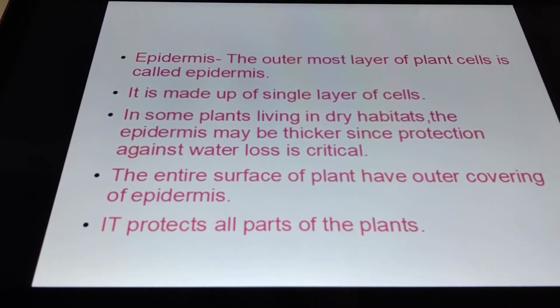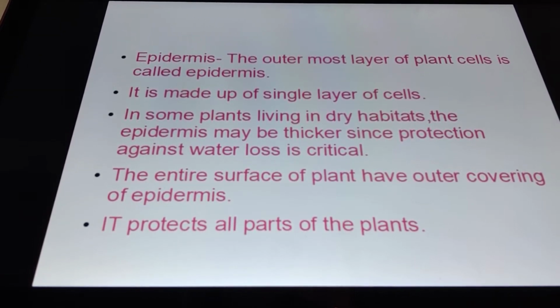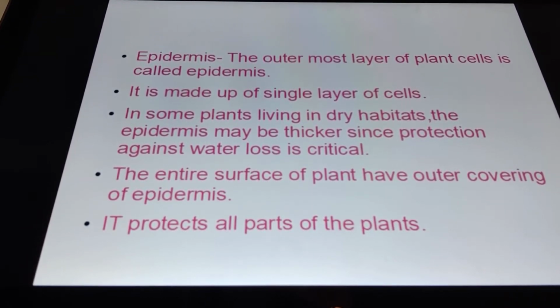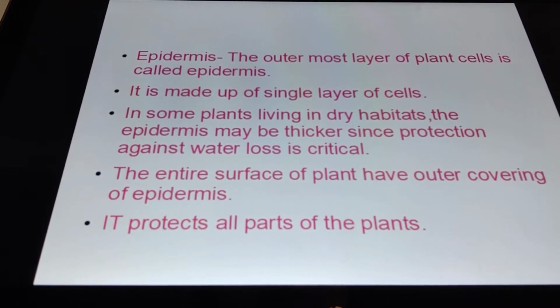Like in animals, for example the human body, the outer covering is skin, which we call epithelial tissue. In the same way, the outermost covering of the plant body is called epidermis.